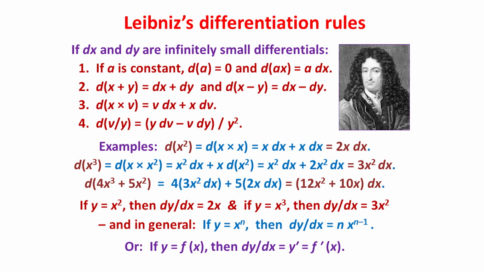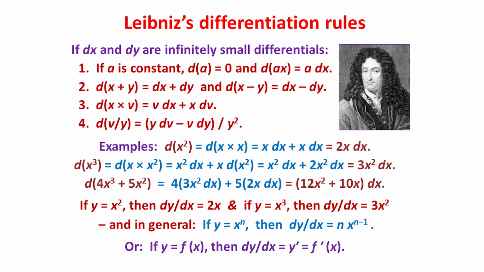Let's see how these work in practice. To find the differential of x squared, we use rule 3 with v equals x, giving d of x times x equals x dx plus x dx, which is 2x dx. Then to find the differential of x cubed, we use rule 3 again with v equals x squared.